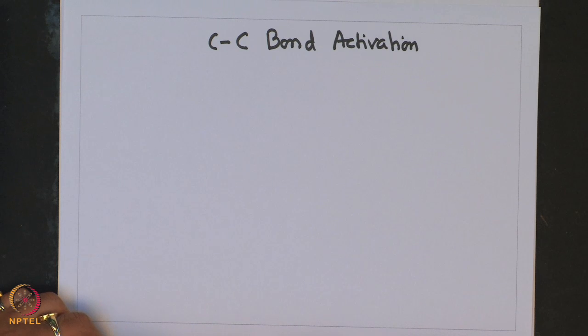And what we had seen is that C-C bond activation reaction is very challenging as compared to the other kind of bond activation reactions. We have also discussed the reason for C-C bond activation reactions being more challenging than C-H and H-H bond activation reactions.